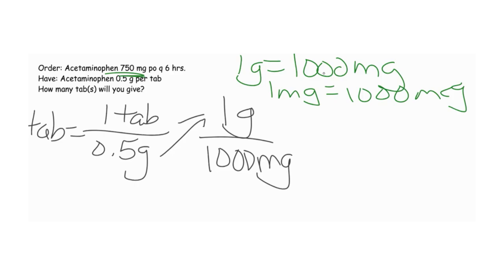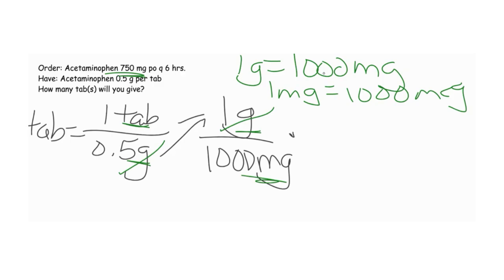So let's look at what units we have in our equation. We have tablets, we have grams, and we have milligrams. Now we're looking for tablets, so we want to keep tablets in. We have enough to cancel out grams, but we still have milligrams in here. So what do we need to do to get rid of milligrams?